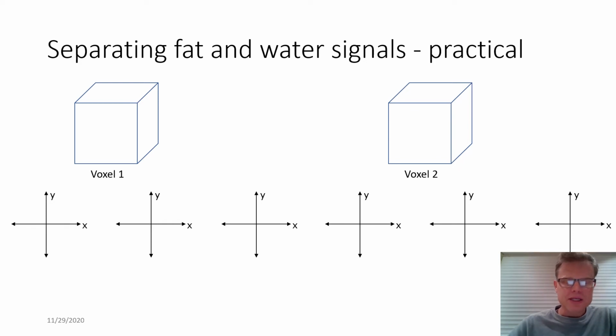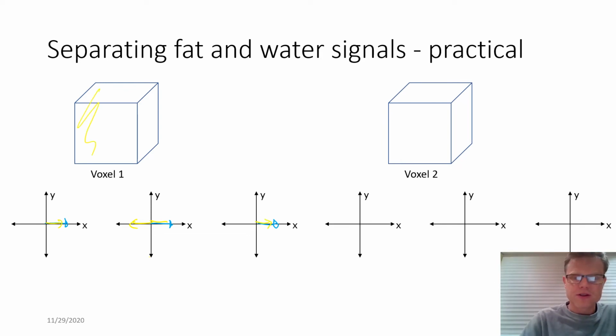Now, practically, it turns out there is a bit of a concern with this. Say we might have one voxel, or some region, where we could get this nice in and out of phase behavior.